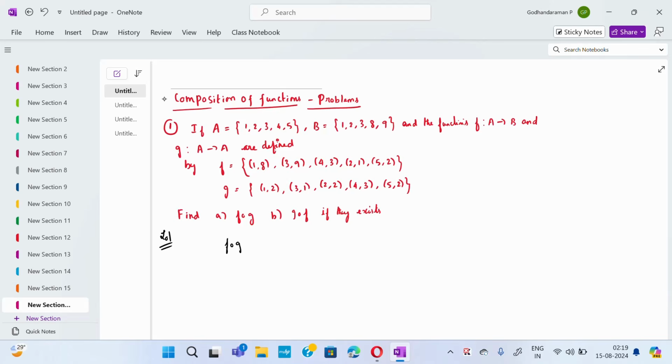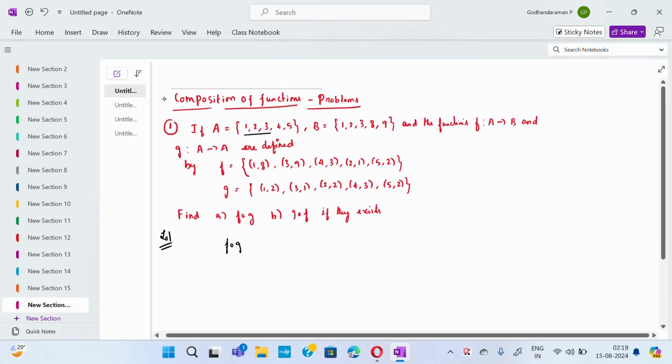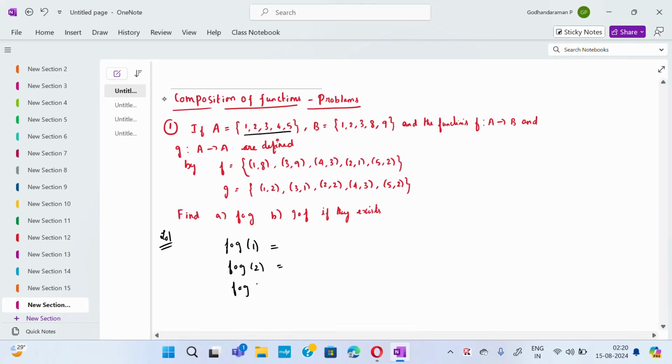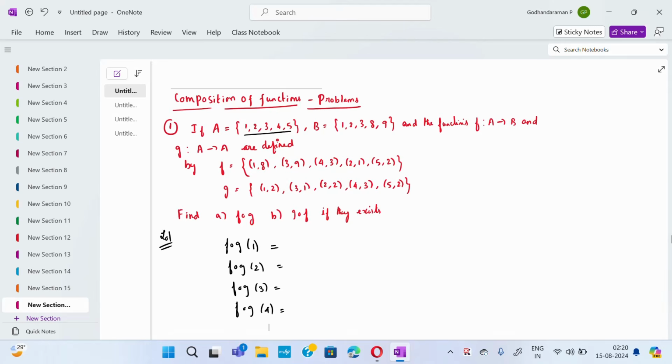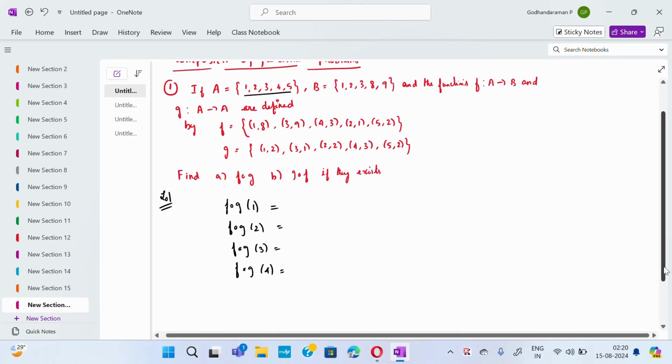G composition is from set A to A, so the composition is with respect to 5 elements: F composition with respect to 1, 2, 3, 4. We have to cross-check like this, which is mapped to which element, and according to that we write the composition.